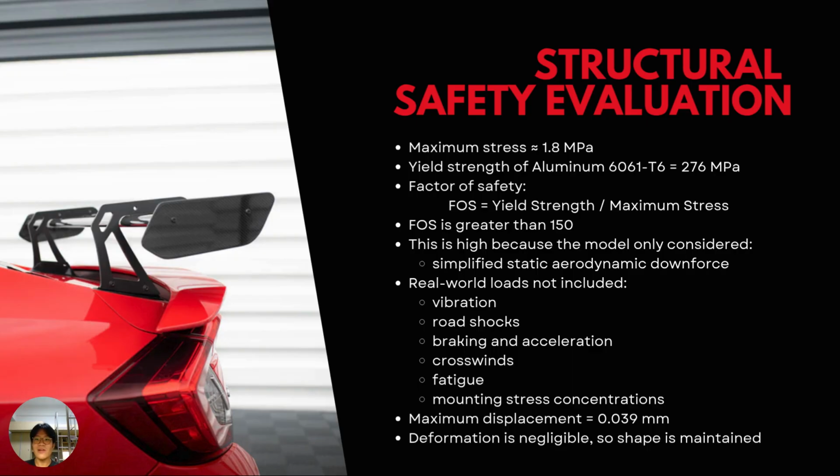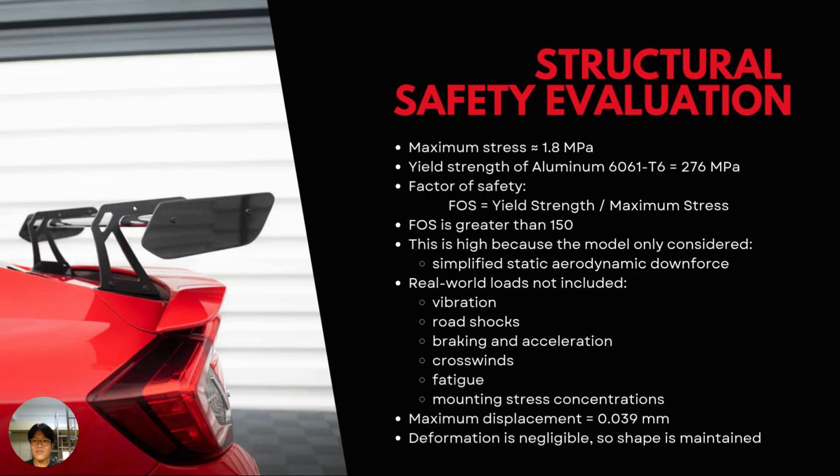In real life, a spoiler also experiences vibration, road shocks, braking and acceleration forces, crosswinds, fatigue, and local stress effects around mounting points. So this factor of safety should be seen as the safety margin for the loading condition studied here, not the full real-world safety factor of a production spoiler.